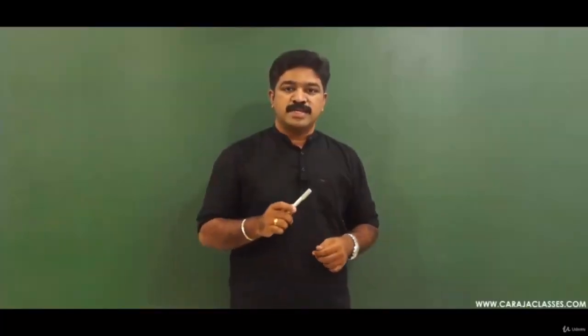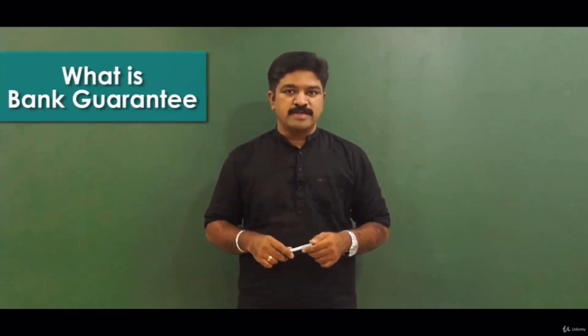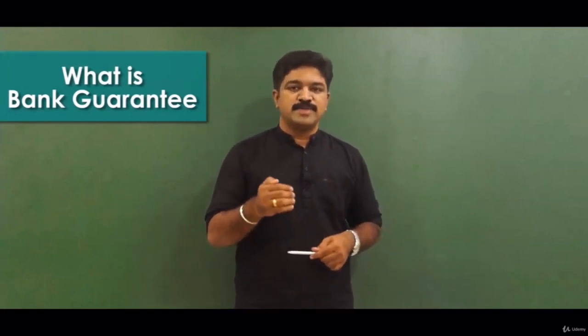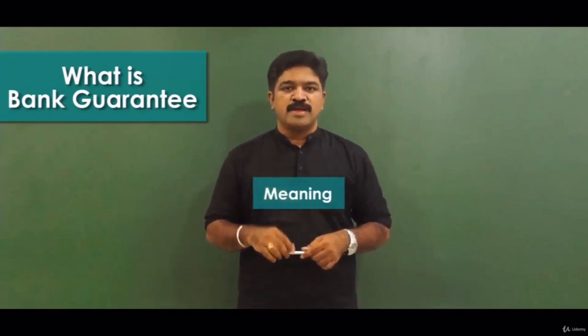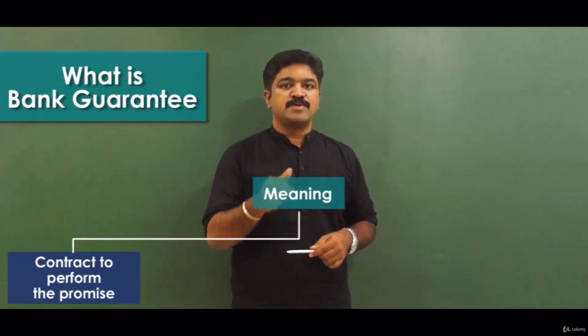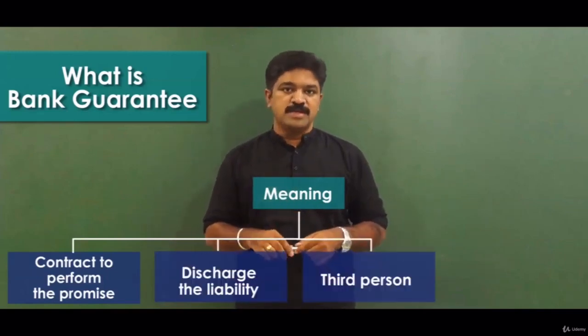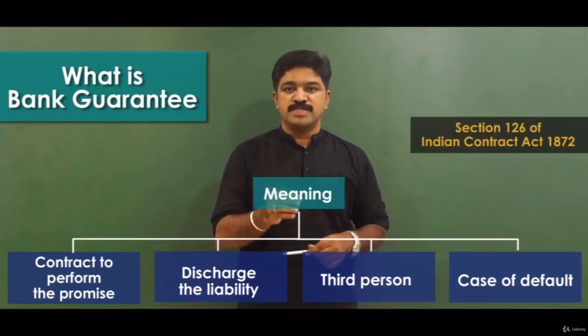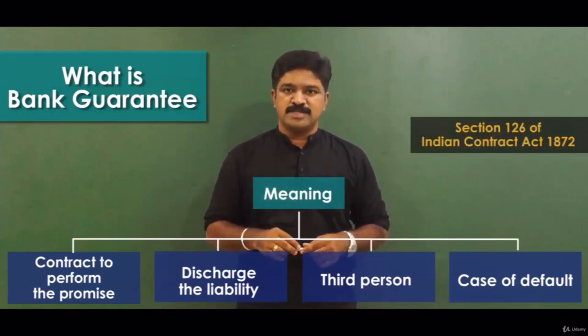In this session, let us understand what is bank guarantee, its meaning, purpose and nature. First, let's get into the meaning of guarantee. Guarantee is basically a contract to perform the promise and to discharge the liability of a third person in case of a default. And this is what we have in section 126 of Indian Contract Act 1872.